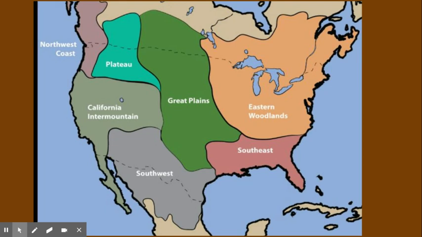That's what it's called, adobe. And that's how they adapted, because again, they don't have lumber to make their houses out of, so they have to make it with something. So they use adobe. That's one way. Again, they adapted to their environment. So your job is going to be to show me how these Native Americans adapted to their environment.